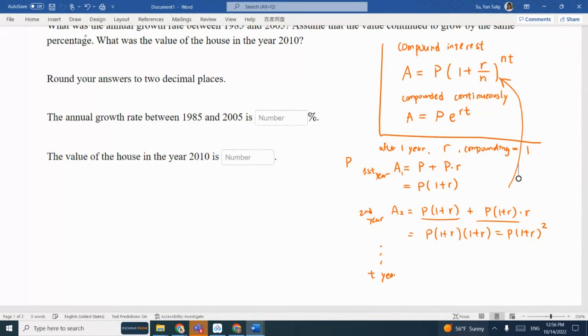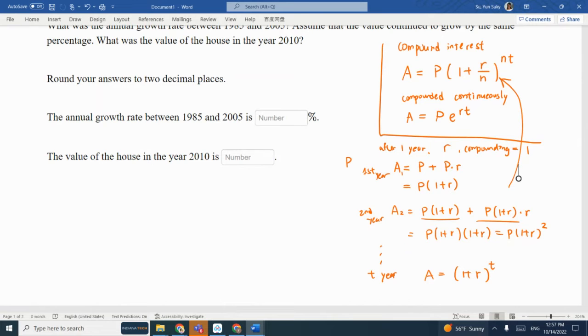After t years, A is P times (1 plus r) to the t. This is the formula if the number of compounding is 1. But if the number of compounding is n per year, that means you want to compound n times. That's why you divide the annual interest rate by n, and then you have this raised to the power of nt. Is that okay, everybody?